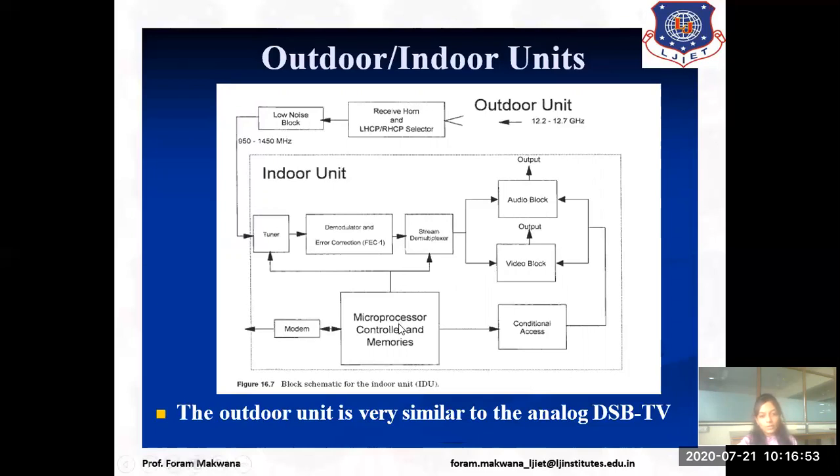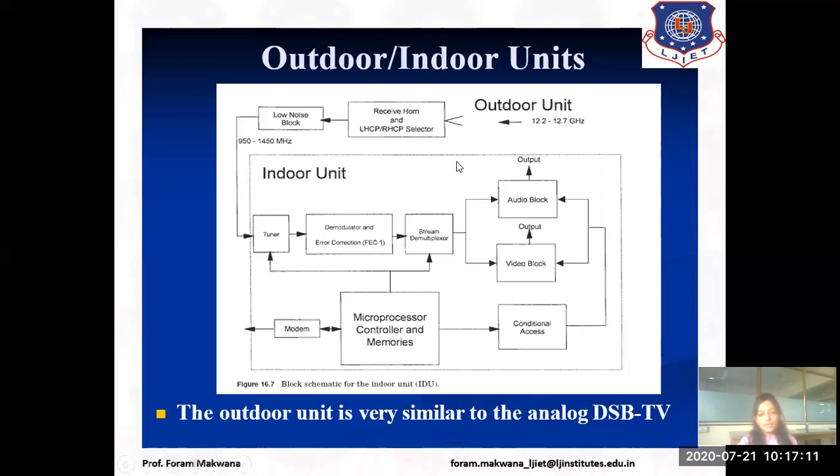The indoor unit consists of a tuner, which is for frequency selection. Then that frequency is demodulated and errors are corrected, because this is in the form of a digital signal.